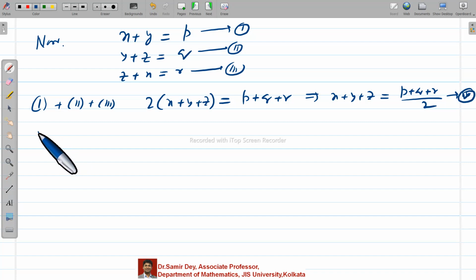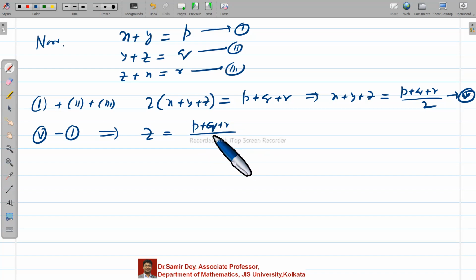So if you write 5 minus 1, ultimately (x plus y plus z) minus (x plus y) is z. What will be the z value? (p plus q plus r) by 2 minus p, ultimately it will be (minus p plus q plus r) by 2. So this is your z value.